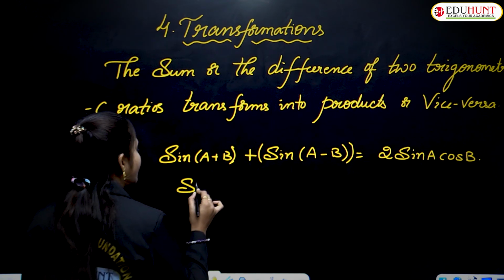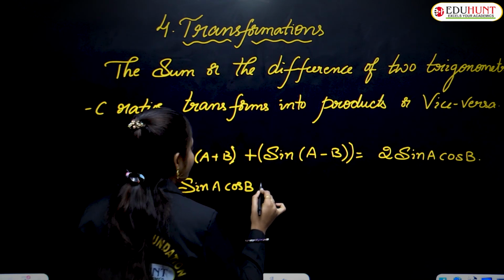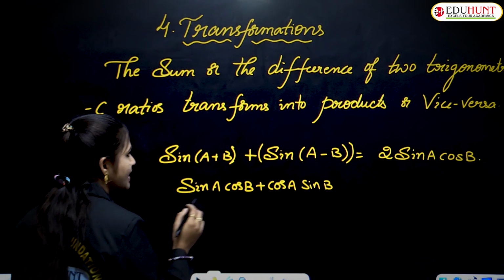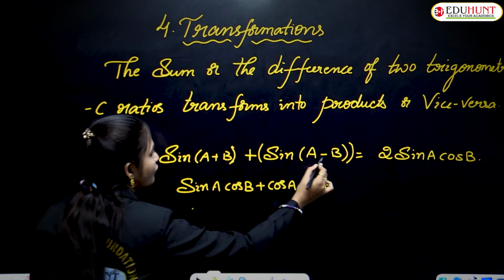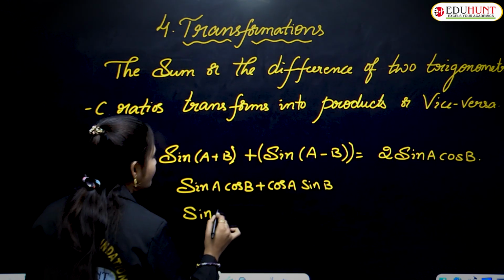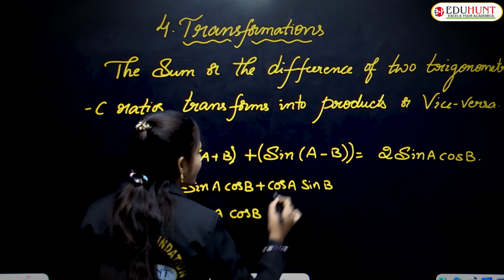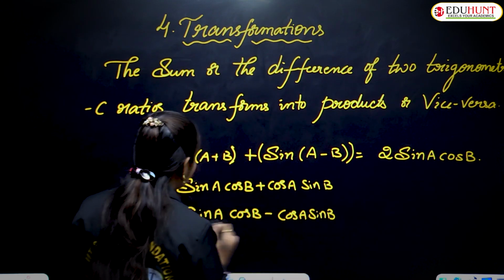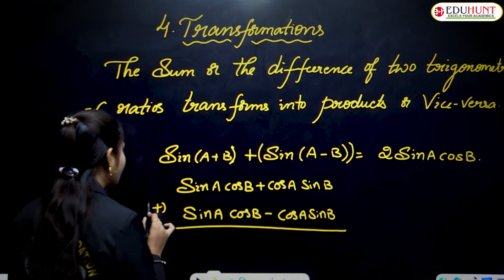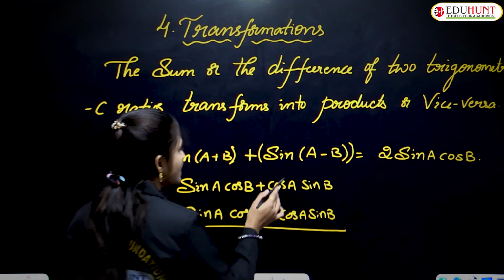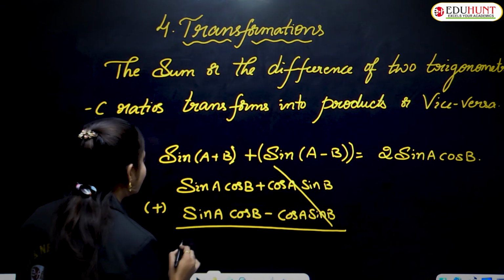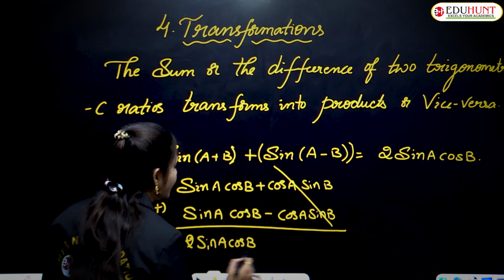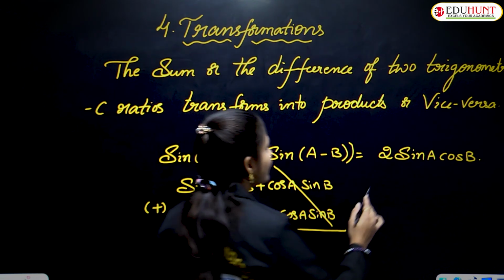Sin of a plus b is sin a cos b plus cos a sin b, we already know this, right? And sin of a minus b is sin a cos b, and here there is a minus, so minus cos a sin b. Am I clear? If you take the addition, the sum of these two trigonometric ratios, cos a sin b gets cancelled, and the resultant is 1 plus 1, so 2 sin a cos b. That is what I have written here, 2 sin a cos b.